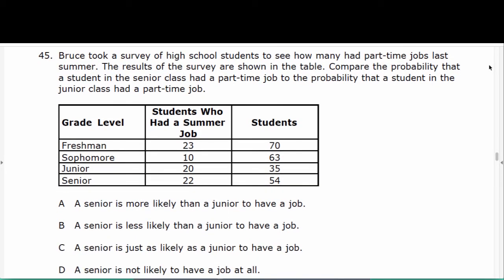Question 45. Bruce took a survey of high school students to see how many had part-time jobs last summer. The results of the survey are shown in the table. Compare the probability that a student in the senior class had a part-time job to the probability that a student in the junior class had a part-time job. If you need anything in the graph read to you, please raise your hand.